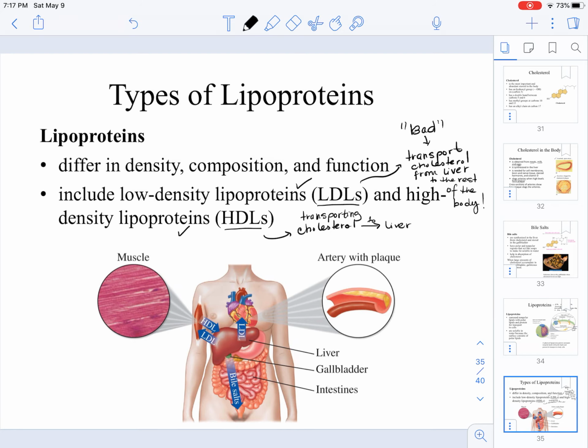If that is in high amounts, and the HDLs, which is known as good cholesterol, cannot bring that excess cholesterol back to be processed, okay? Then that's what creates the plaques that have been observed when there is high amounts of cholesterol in the body.